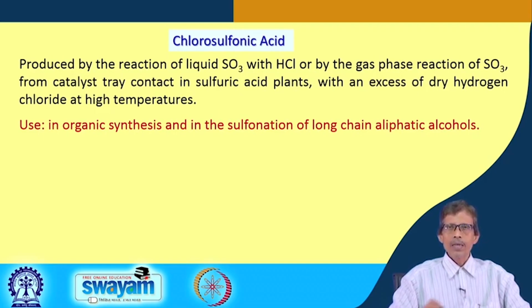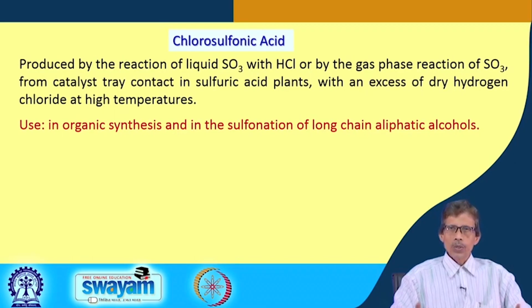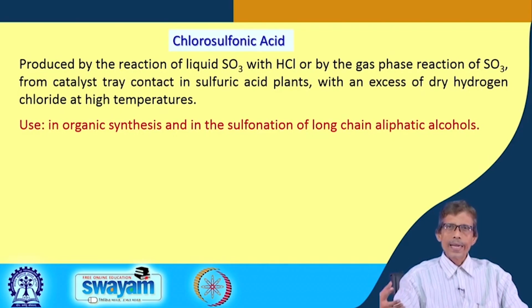Earlier we have seen that thionyl chloride or sulfuryl chloride can be used for chlorination of carboxylic acids, but now we can go for sulfonation of long chain aliphatic alcohols. Previously we have seen that we can have some useful molecules which are industrially important, which can be produced on a large scale and have a huge market also, like different surfactant molecules, the detergents, which are long chain aliphatic molecules with sulfate functions at the end, such as SDS, sodium dodecyl sulfate.